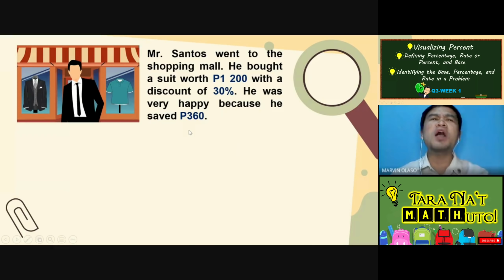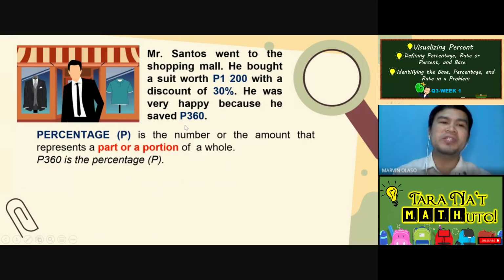Simulan natin. Ano nga ba ang ibig sabihin ng percentage? Percentage, or letter P as the symbol, is the number or the amount that represents a part or a portion of a whole. Please take note of the clue words, part or a portion. Ibig sabihin niyan, bahagi lamang siya ng kabuuan.